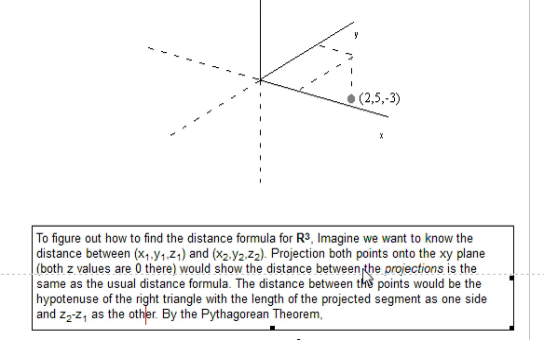So the projection both points make onto the xy plane, setting both z values to 0, shows the distance between the projections is the same as the usual distance formula, right? The square root of (x2 minus x1) squared plus (y2 minus y1) squared. If you project your two points into the xy plane, then the distance between them would just be the normal thing, because both z's would be 0.